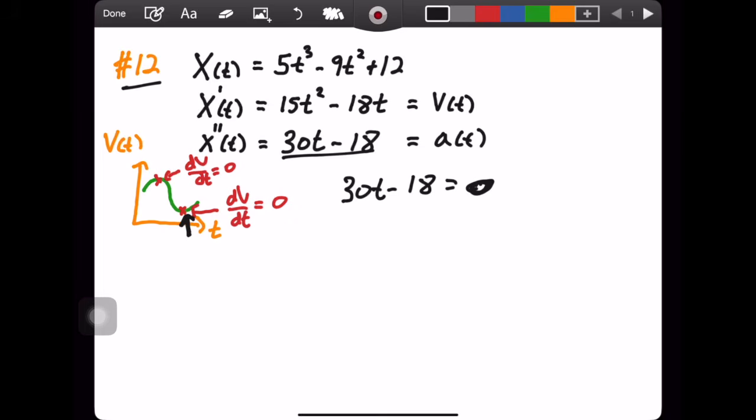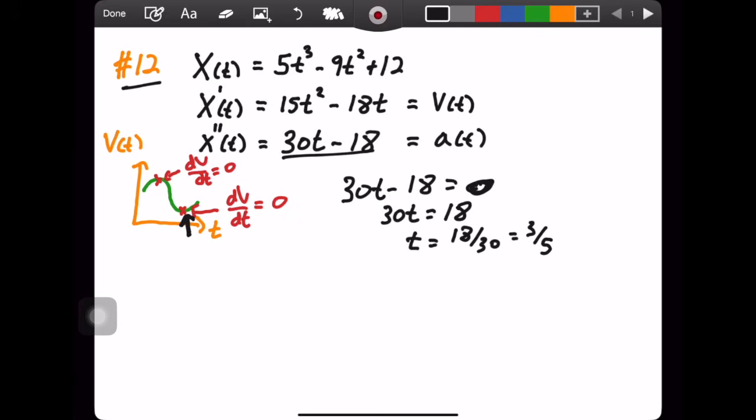So now I can do a little math. I can add 18 to both sides. So I can say 30t is equal to 18. Now I can divide both sides by 30, which says t equals 18 over 30. That can be simplified to 3 over 5.